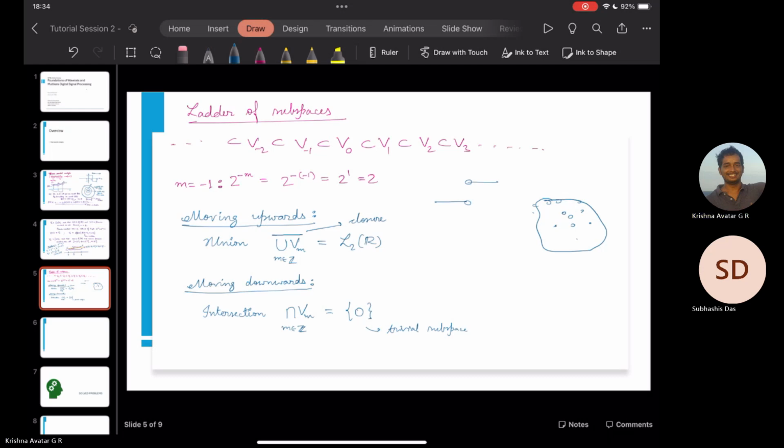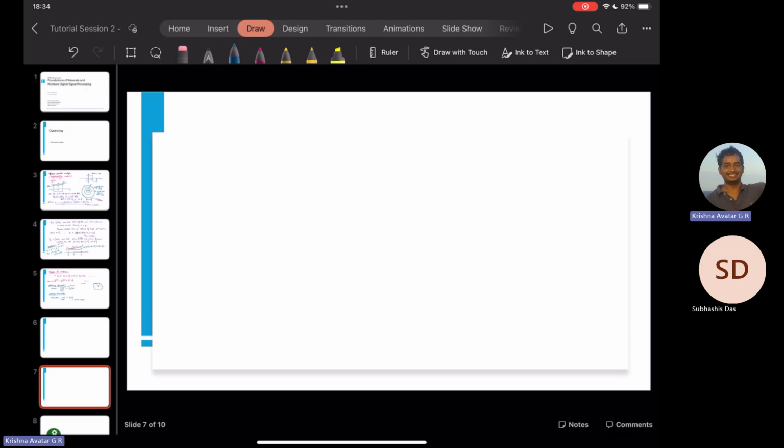Okay. So now let's talk about these linear subspaces. The linear space here.